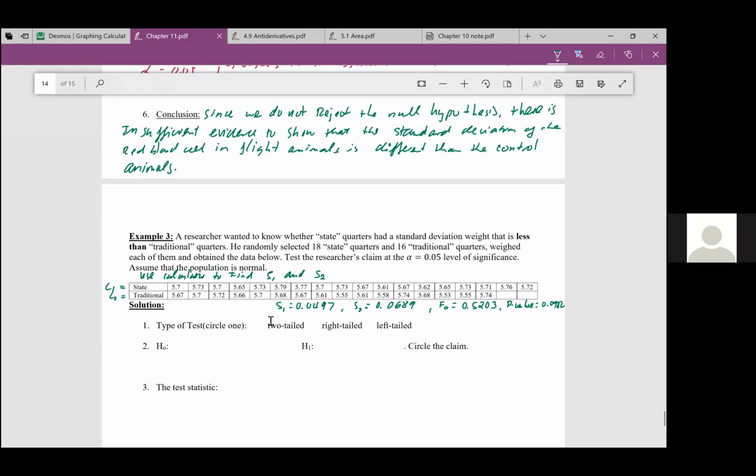If you look at your calculators, do you see the sigma x? We're not using sigma x. We have to use sx.